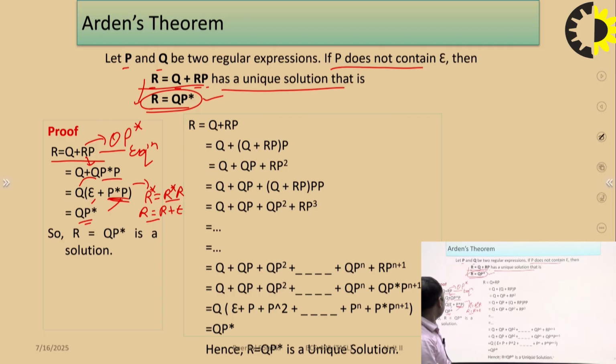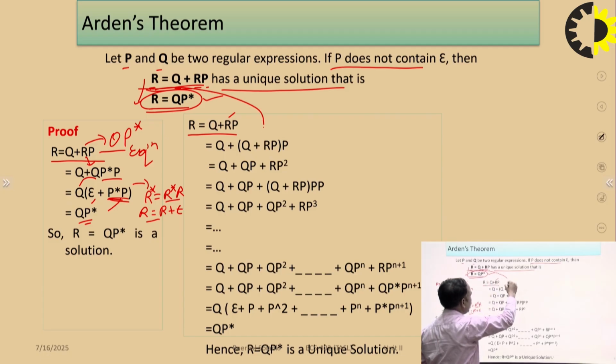Now see again this equation R = Q + RP. Now we put the value of R from here to here: Q + RP concatenated with P. So now multiply P with Q + RP, so Q + QP + RP².